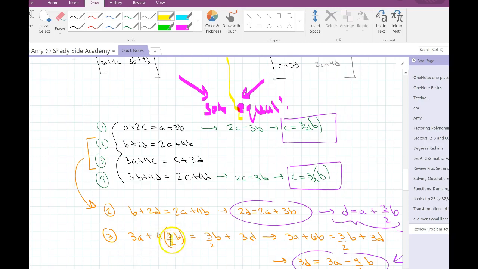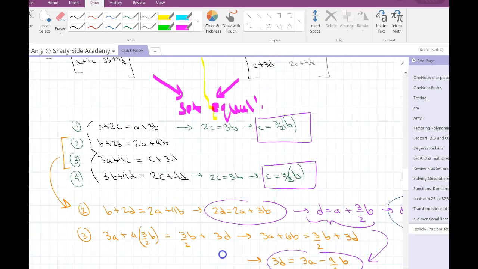I just put in 3 halves B for C. The reason why is that if I look at equation 2 and equation 3, there is a way that I could reduce the number of variables between them. So 3A plus 4 times 3 halves B equals 3 halves B plus 3D, right? Which becomes 3A plus 6B equals 3 halves B plus 3D, correct?